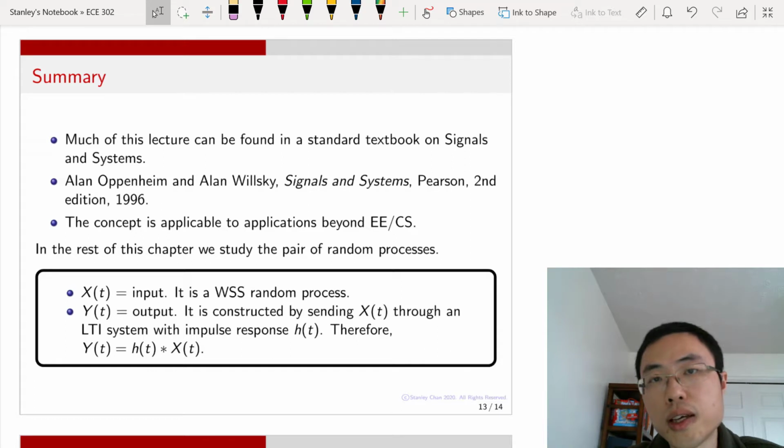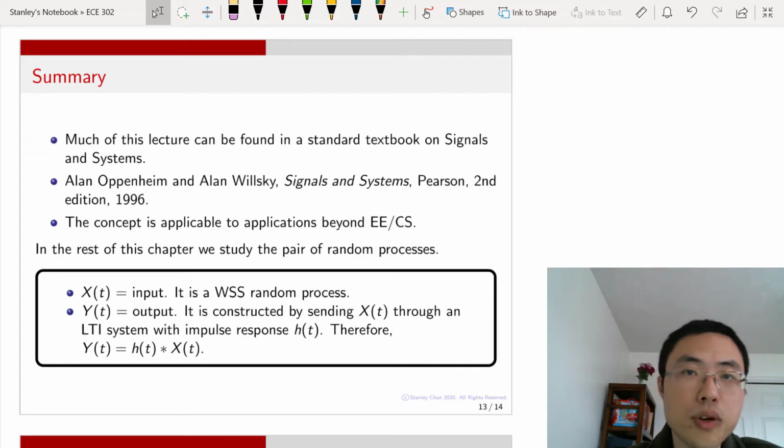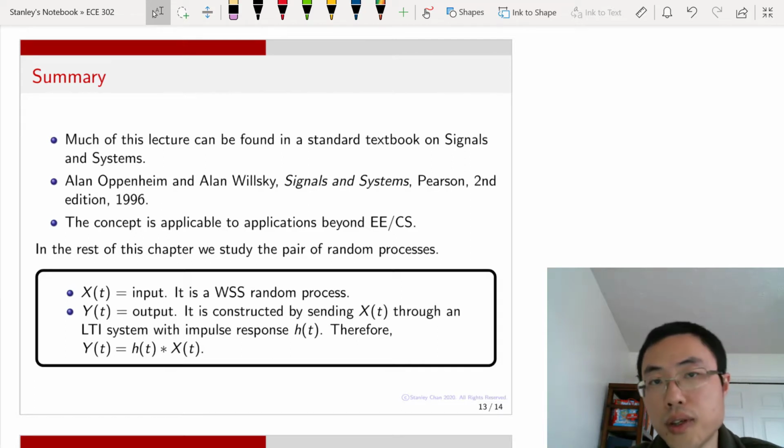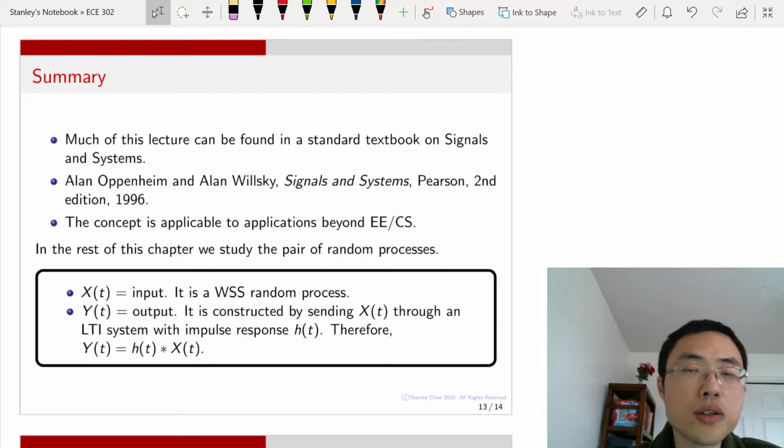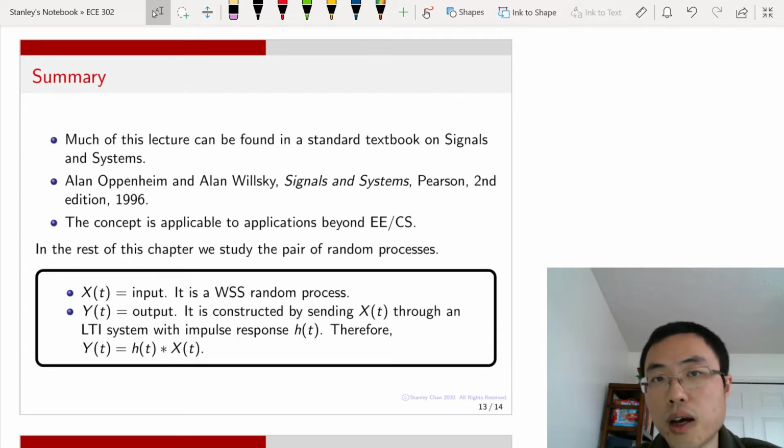What happens as we send the random process through an LTI system? Obviously, we will see convolution, but what will happen to the mean function? What will happen to the autocorrelation function? What will happen to the cross-correlation function? And what will happen to the power spectral densities? These will be analyzed in the following lectures.